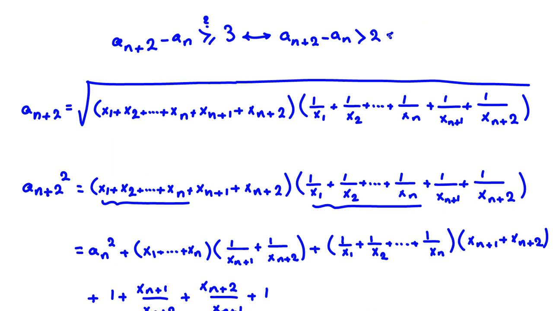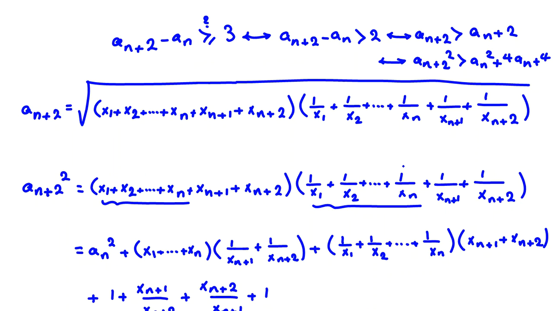And it is equivalent because we raise to the power of 2, we can take it to the right side, A_n + 2. Because both sides are positive, we should prove A_{n+2} squared is greater than A_n squared plus 4A_n plus 4.